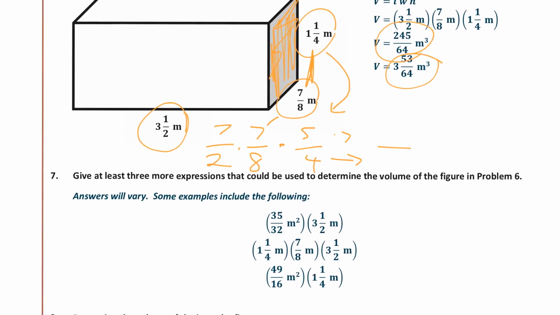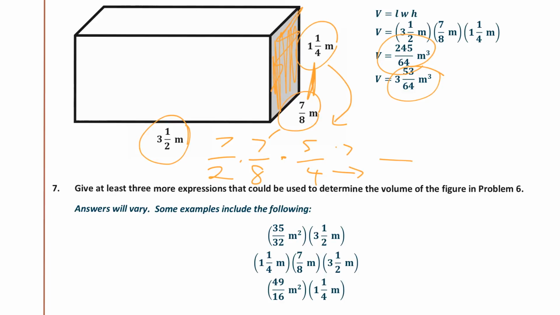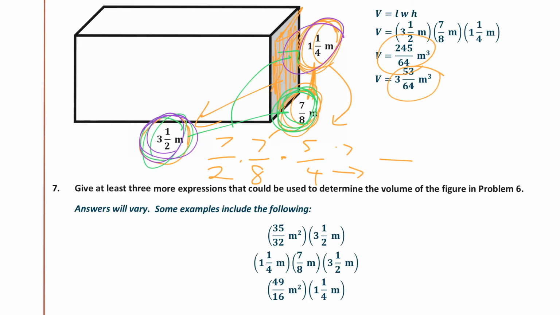Three more expressions. They're getting these expressions because for one expression they're multiplying these numbers together. They're going to say the product of these two things times this one. And another one they're going to say multiply these two numbers first, get that number, and then multiply times that one. And the other one they're going to take these two numbers and multiply those.